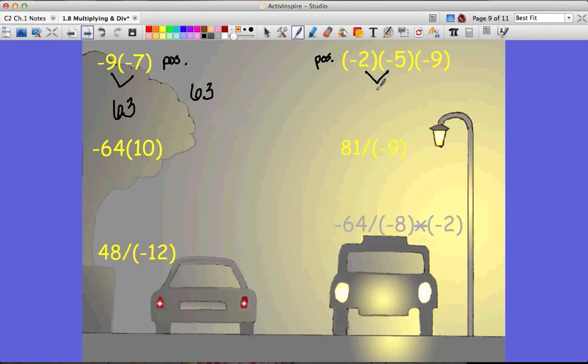So -2 times -5 will give me a positive 10, but I still have to multiply that by -9. Now I have a negative times a positive. Since my signs are different, it's going to give me a negative answer, so I'll put my negative sign down right away. I know that 10 times 9 is 90, so my answer is a -90.